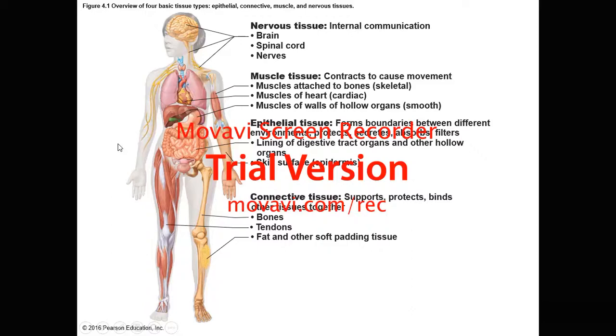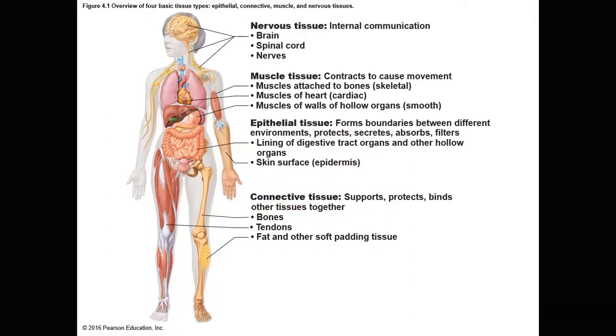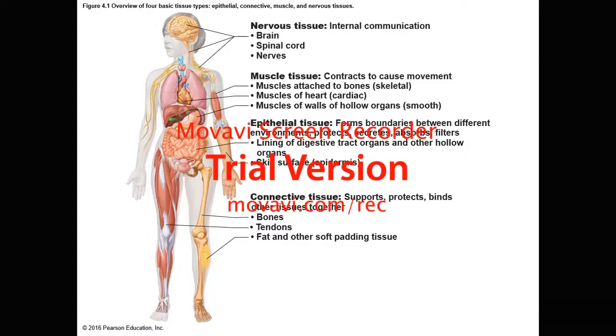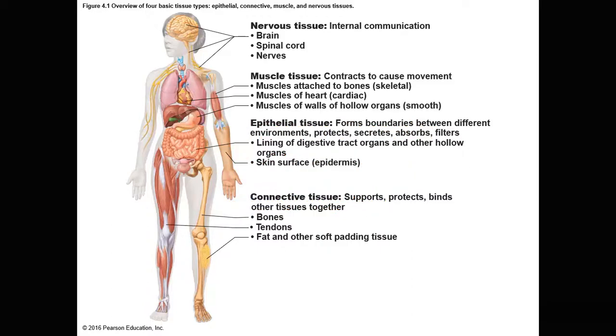This is a diagram showing you the 4 different types of tissues and giving you some examples. Nervous tissue, the nervous system, is important for internal communication: your brain, spinal cord, and nerves. Muscle tissues are important for movement. Epithelial tissue forms boundaries between different environments.